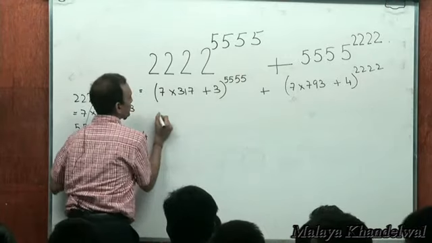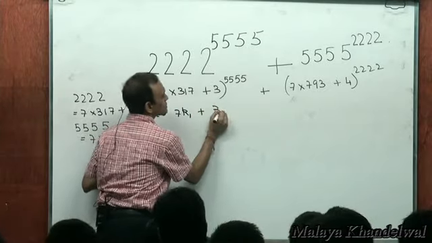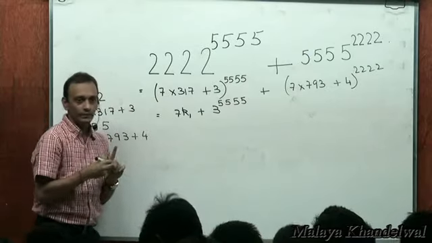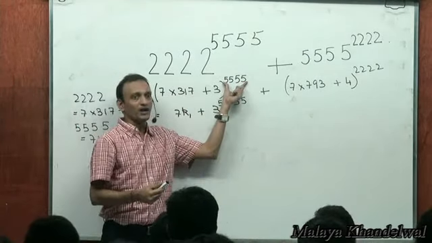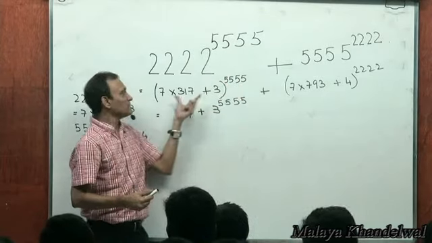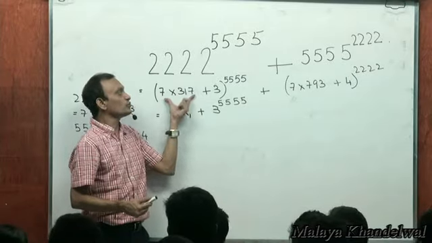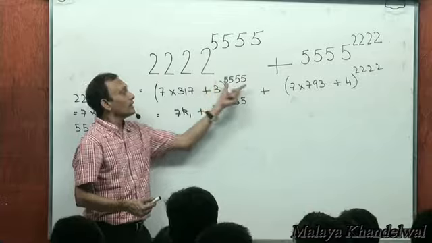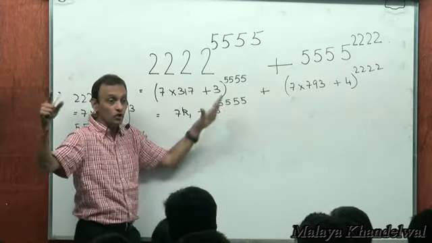So all of the terms that contain 7, let me call them 7k1, plus 3 to power 5555. When you expand this binomially, what would you get? This to the power this, plus nC1 this to power 5554, nC2 this to power 5553, and so on and so forth.